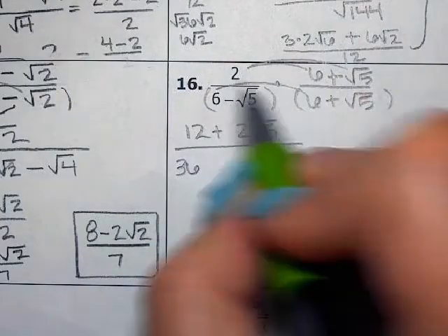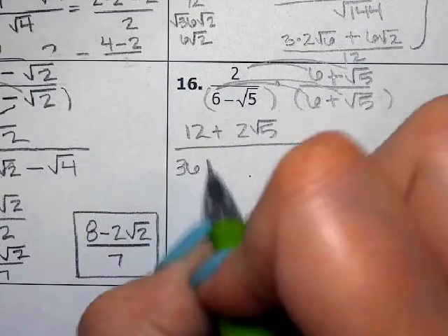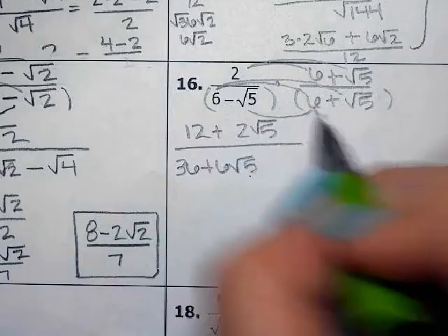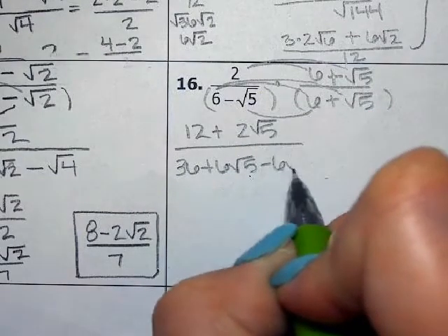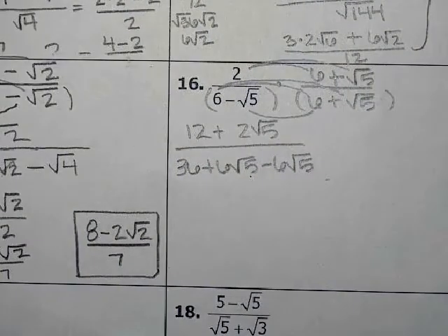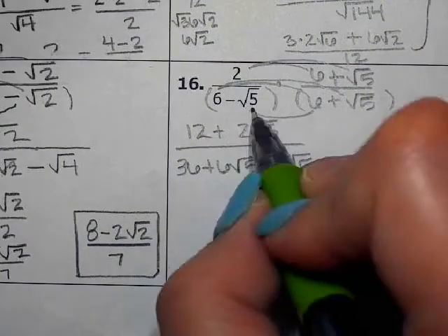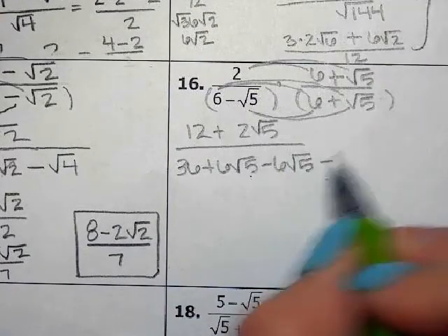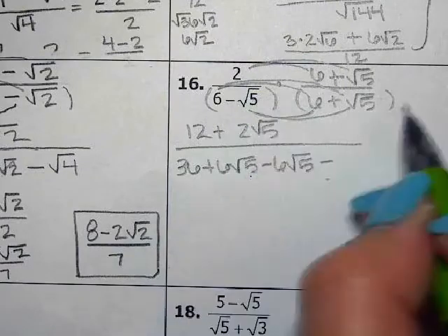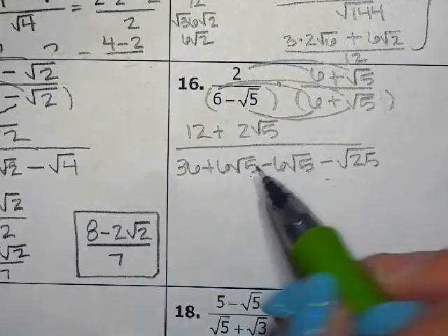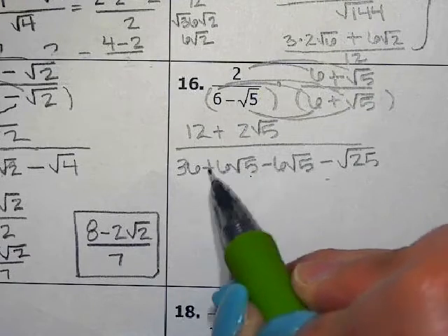36 plus 6 square root 5 minus 6 square root 5, because 6 times the root 5 is 6 square root 5. And then a negative times a positive is a negative, and root 5 times root 5 is root 25. So this will always happen. These middle terms will always be opposite signs.